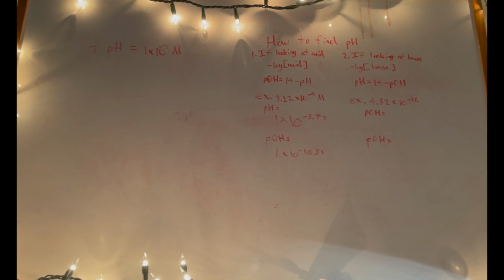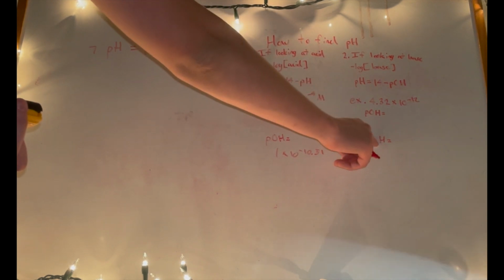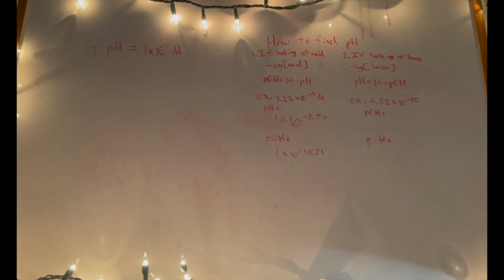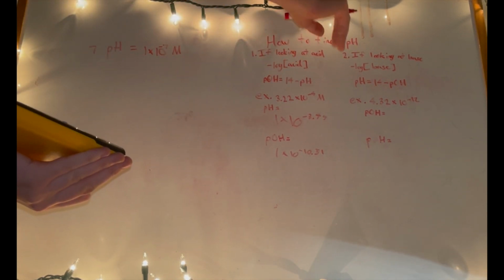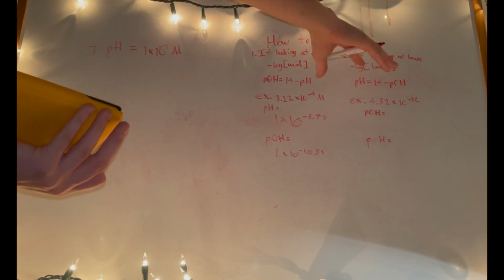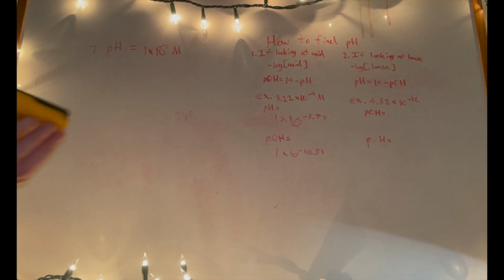But say we wanted to find the pH of something that is a base. Well, we would do the same equation, except we need to remember that we are taking the pOH first. So this log of the base is just the base, it's not the exponent.